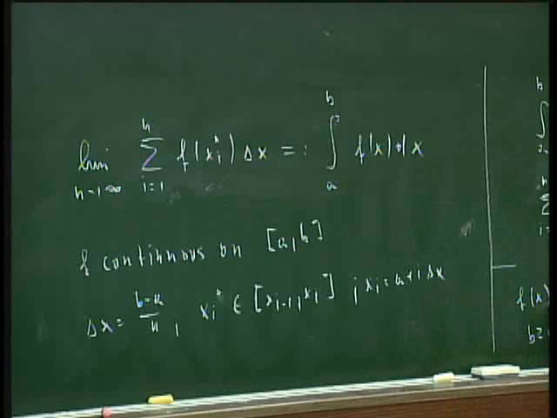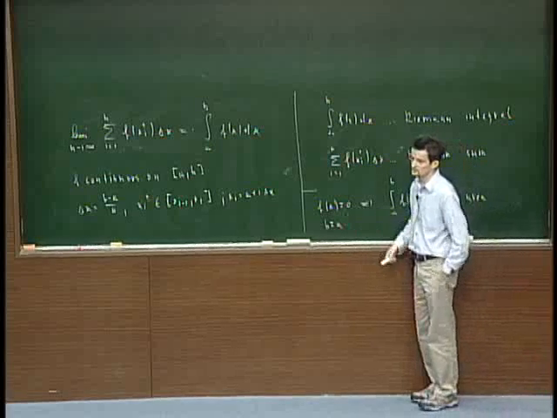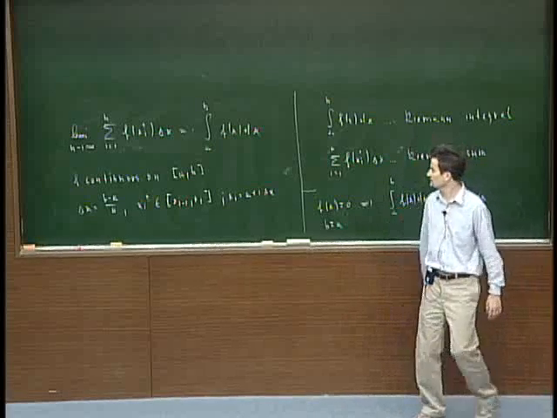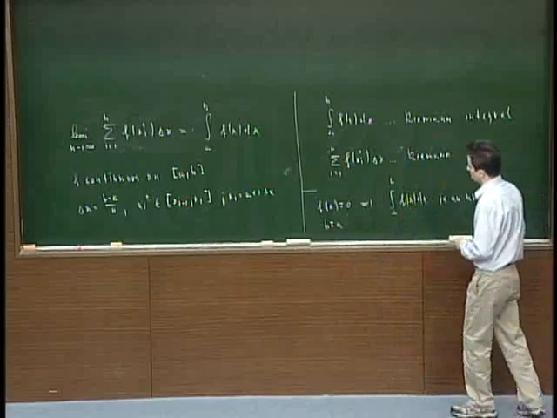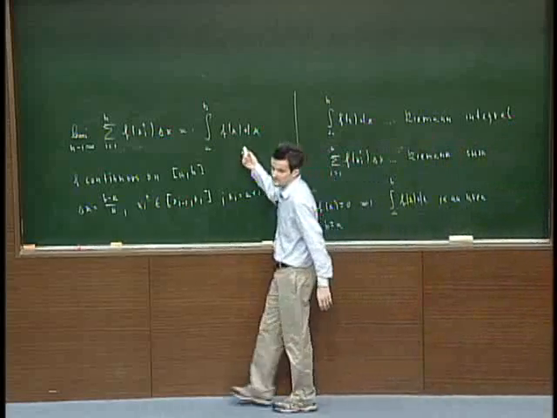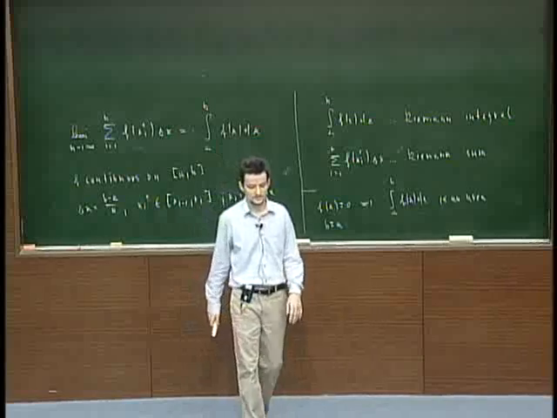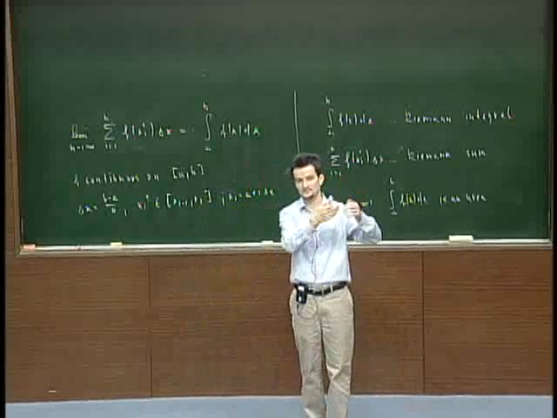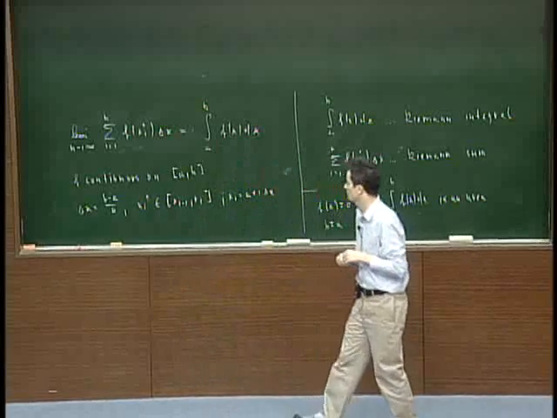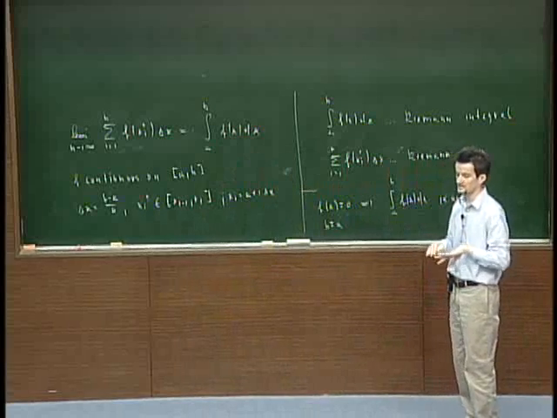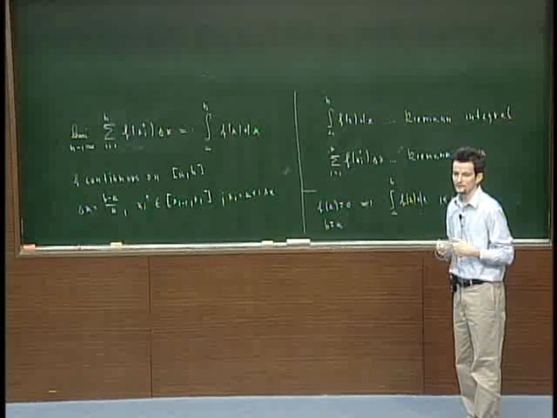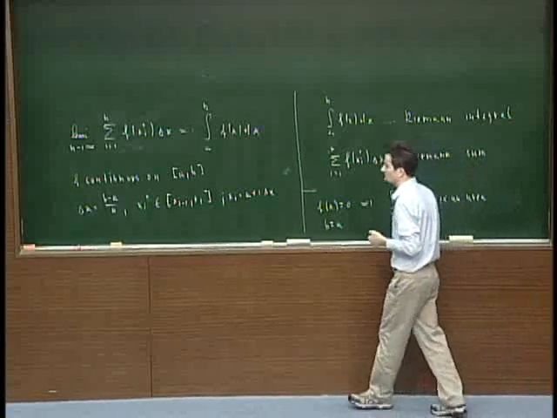If the function f of x is not necessarily satisfying this condition here, if the function is positive and negative, then what you get is an area as well, but the parts which are above the x-axis are counted positive. The parts below the x-axis are counted negative. So what you get is a net area.